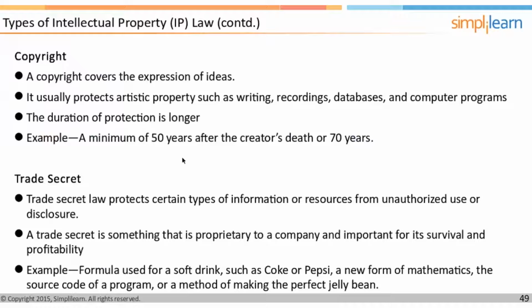Nobody knows that. If everybody were to know that, all of these companies would lose their competitiveness. They would not be able to survive. Everybody else would start making that. So it's vital that trade secrets be protected, and there are laws which protect it, and that is the trade secret.